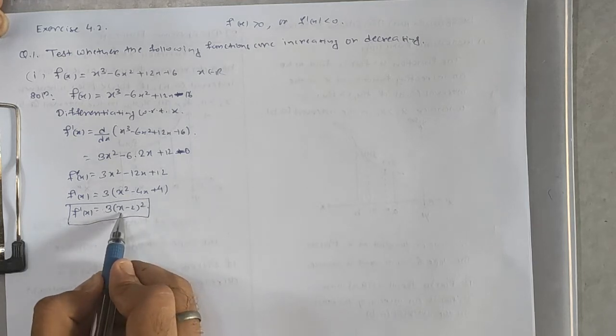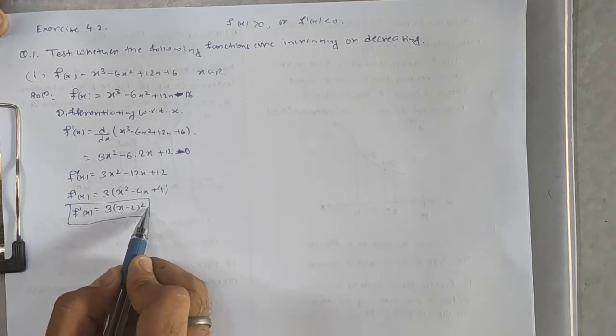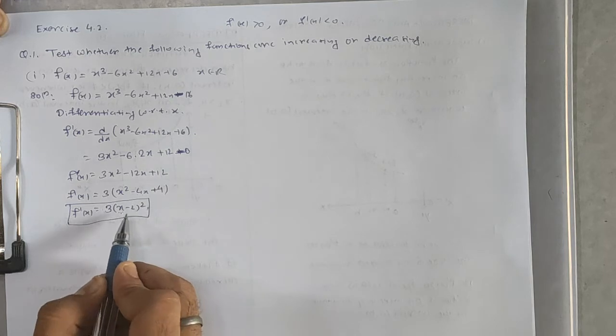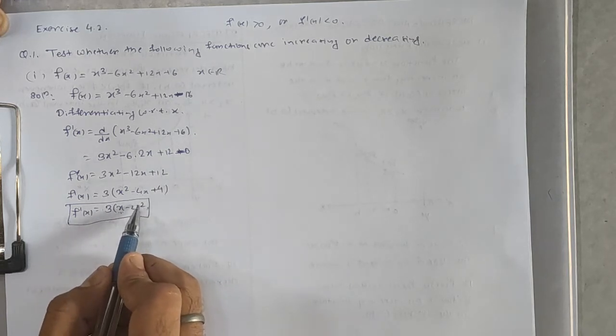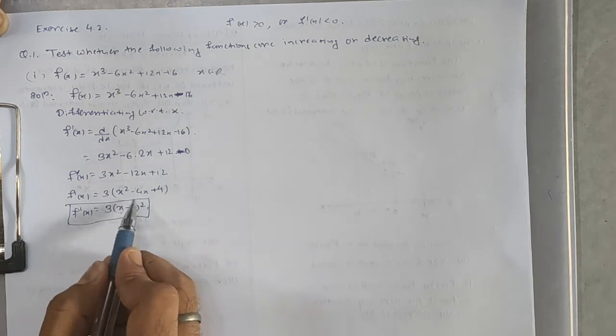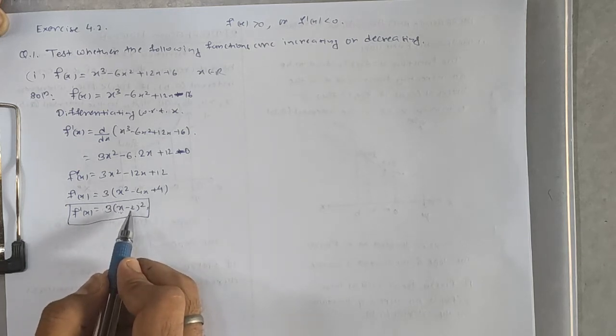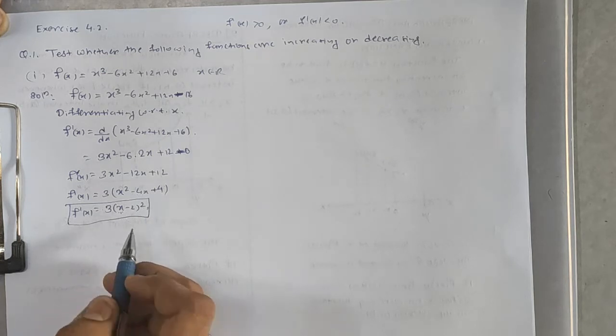Since x is a real number, we can substitute any real number here. If x minus 2 is positive, then its square will be positive. If x minus 2 is negative, then its square again will be positive. So the whole value will be positive. That means it cannot be less than 0. It is always greater than 0.